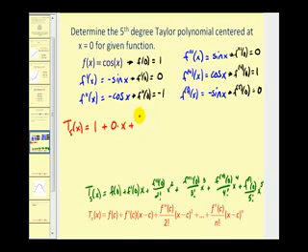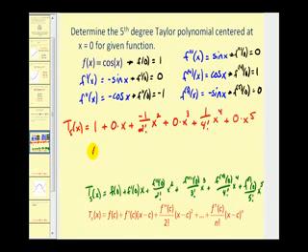That would be negative 1 divided by 2 factorial times x squared, plus, well, the third derivative evaluated at 0 is equal to 0, so we're going to have 0 times x cubed, plus the fourth derivative evaluated at x equals 0 was 1, so we'll have 1 divided by 4 factorial times x to the fourth. And this last term, the fifth derivative evaluated at 0 is 0, so we'll have 0 times x to the fifth. Let's go ahead and simplify this.